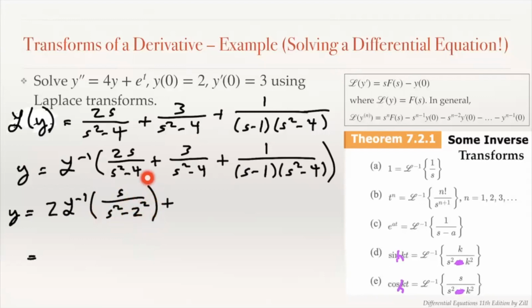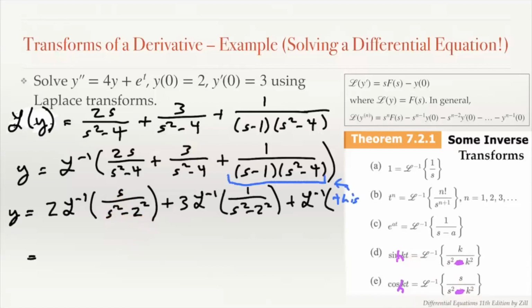Now that is exactly of the form of the Laplace of hyperbolic cosine, s over s squared minus k squared. Then there's 3 times the inverse transform of 1 over s squared minus 2 squared, and then plus the inverse transform of that. We'll deal with that separately.